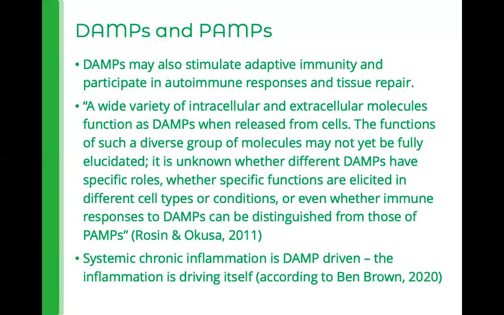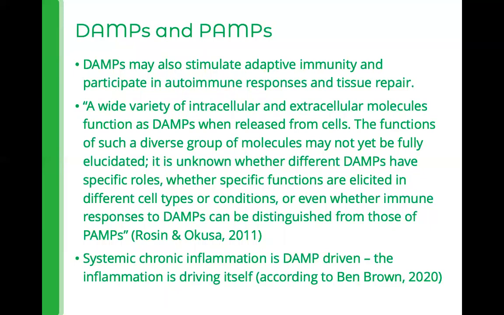There are loads of different types of DAMPs, and one of the papers I read proposes different types, but they're really poorly understood, and whether they have specific roles or all do the same thing. So again, it's a bit like Th17. We know they're there, we know they're important, we know they come from within the body, but we're not quite sure about the different types or what they do.